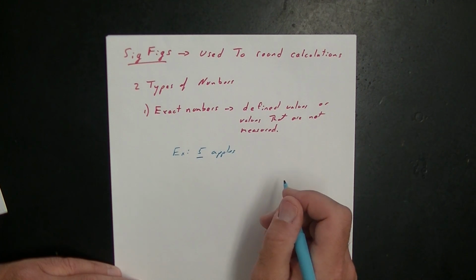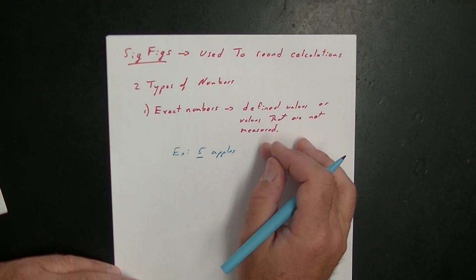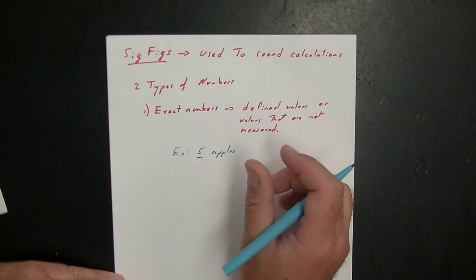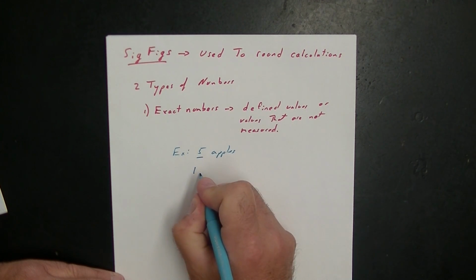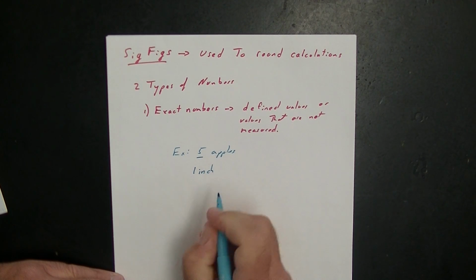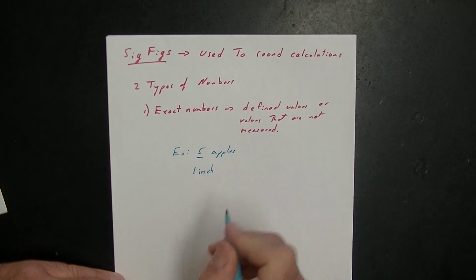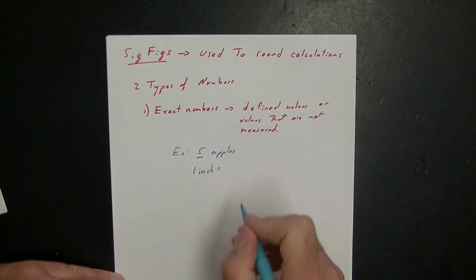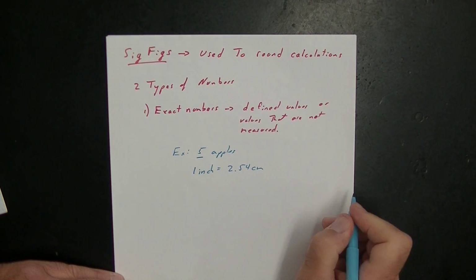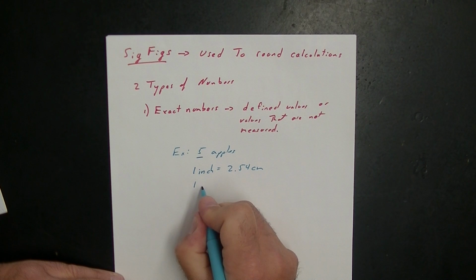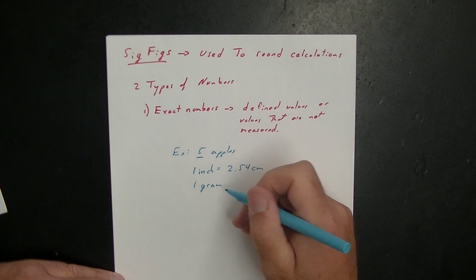Now our defined values are our values of measurement that we define ourselves. So we define how big 1 inch is. That's an exact number. 1 inch is an exact number, and it's actually equal to 2.54 centimeters. 1 gram is a defined value.